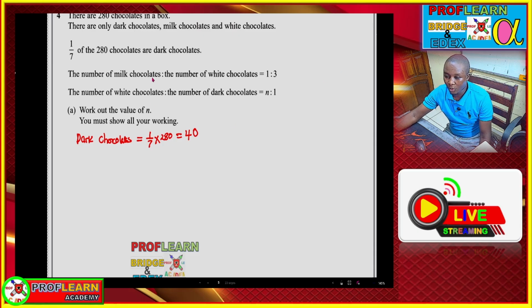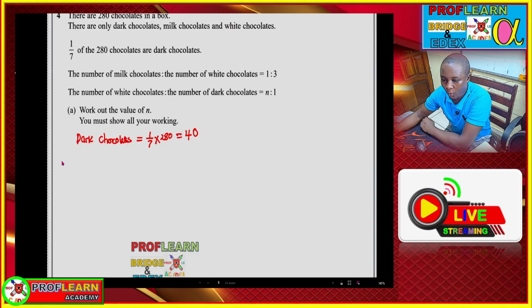The ratio of the number of milk chocolates to the number of white chocolates is 1:3. The ratio of the number of white chocolates to the number of dark chocolates is n:1. We are supposed to find the value of n.